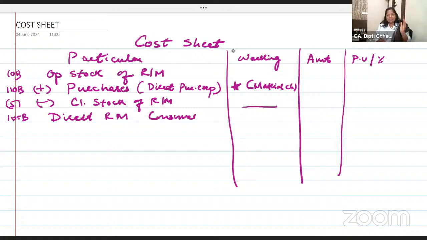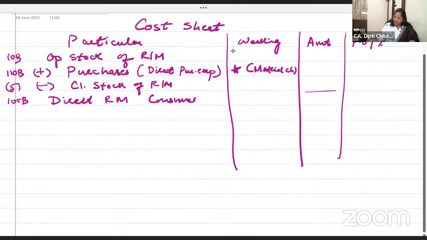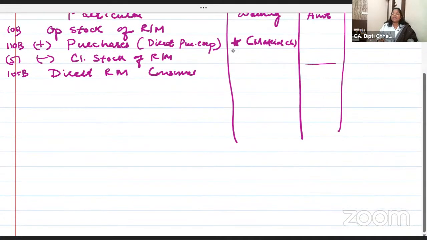Write it once, let it take 20 minutes, I don't mind. Opening stock of raw material plus purchases minus the closing stock gives raw material consumed. If this is not a manufacturing company, direct material you can take. Okay, we'll work out different kinds of cost sheets.